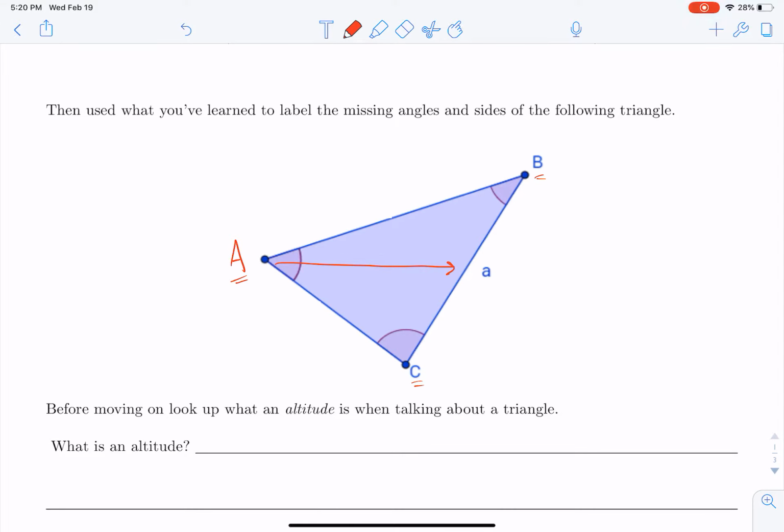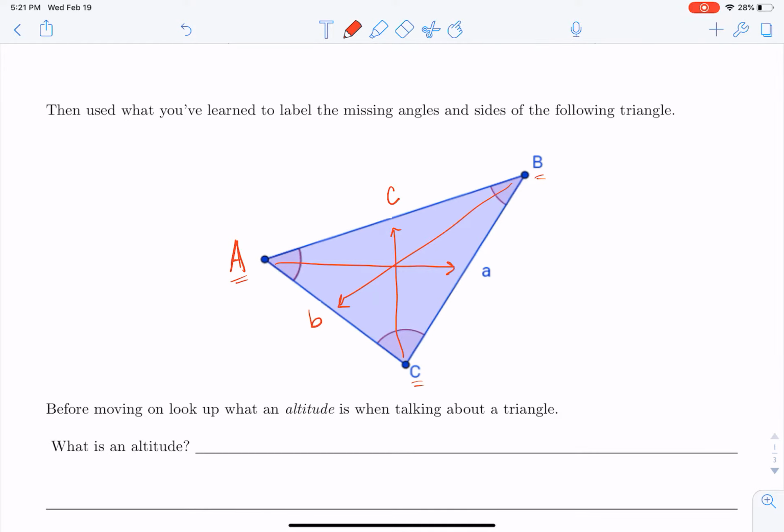So lowercase a is directly across from angle measure capital A. Side lowercase b is directly across from angle B, and side lowercase c is always directly across from our angle C.